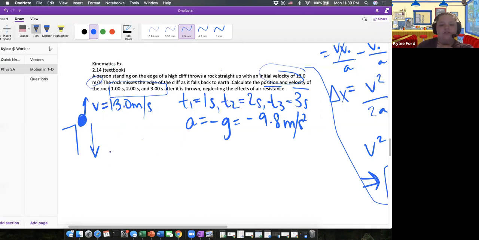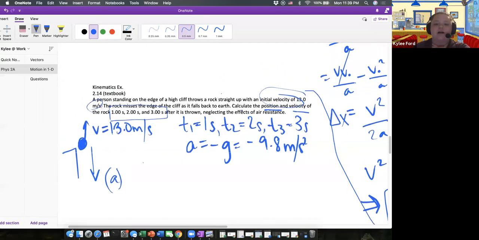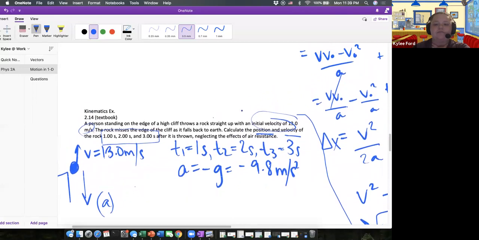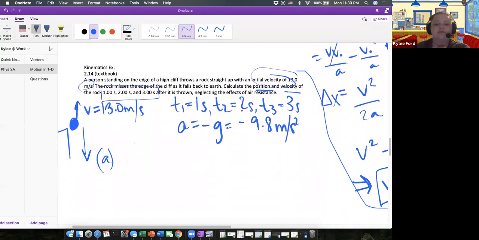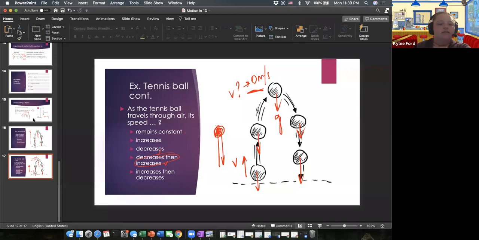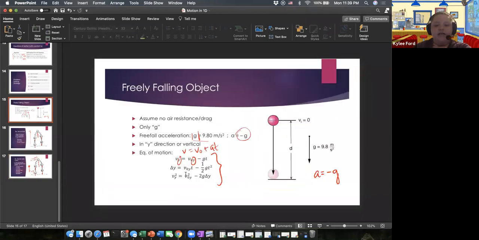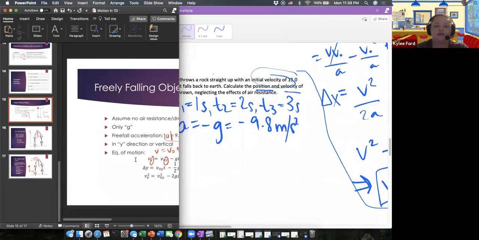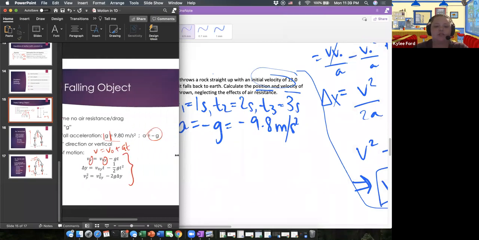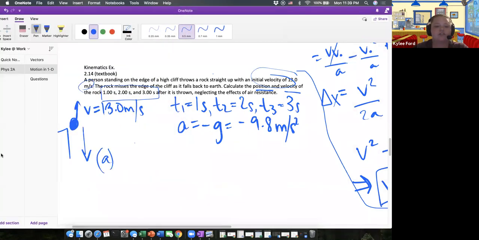Our first step: calculate the position. I am going to go here and look at my equations. We'll do it side by side, that way we can look at the equations and look at our questions.